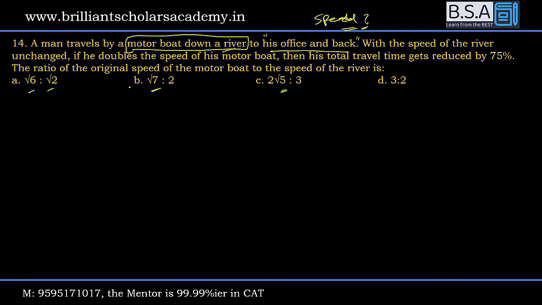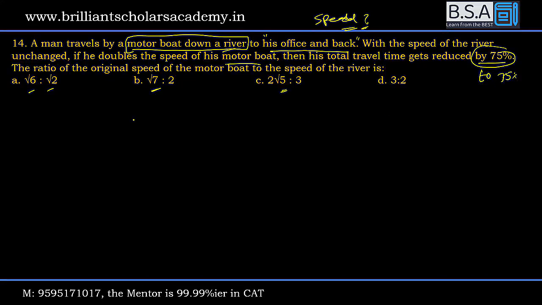With the speed of the river unchanged, if he doubles the speed of his motorboat, then his travel time will get reduced by 75%. There's a difference. Reduced to 75% and reduced by 75% are different things.